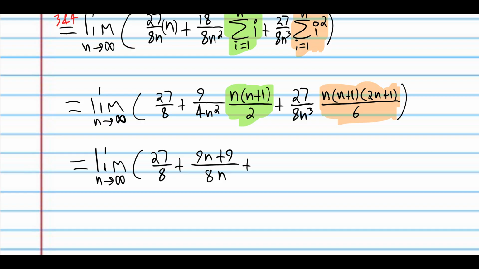Then one of these n's cancels out in the denominator, and this n cancels out. Then 27 over 6, that is 9 over 2. 2 times 8 is 16. So we have 9 and 16. And n plus 1 times 2n plus 1. Actually, that should be n squared because we have 2n still down here.